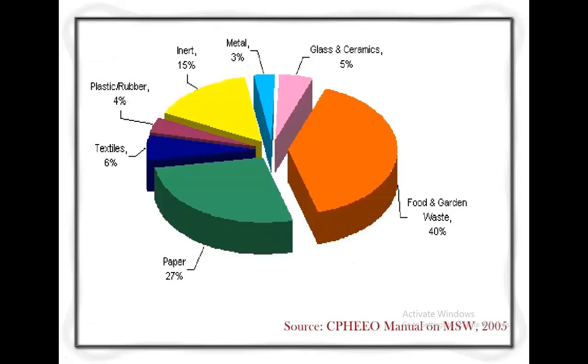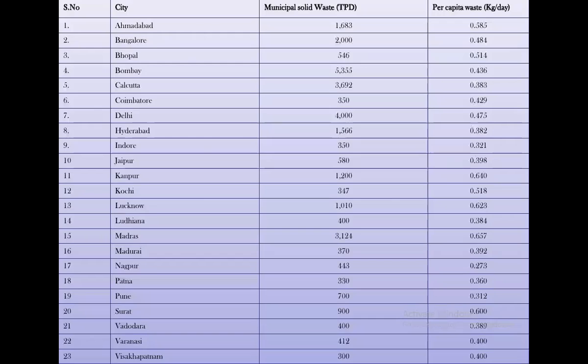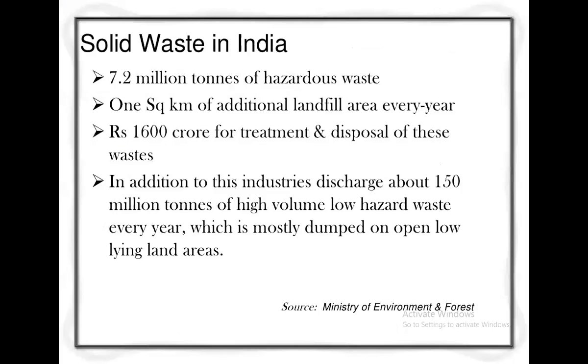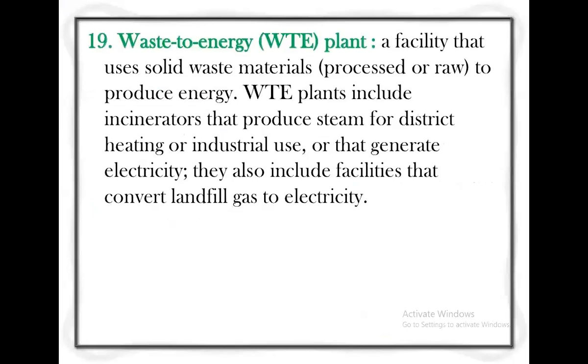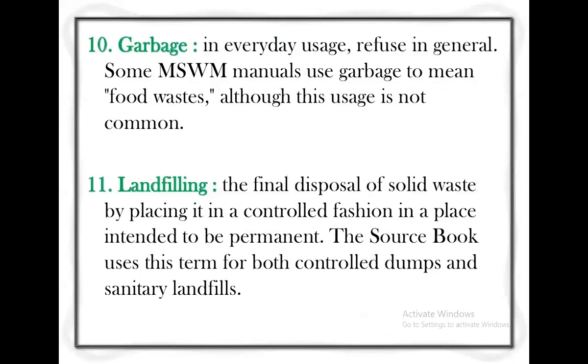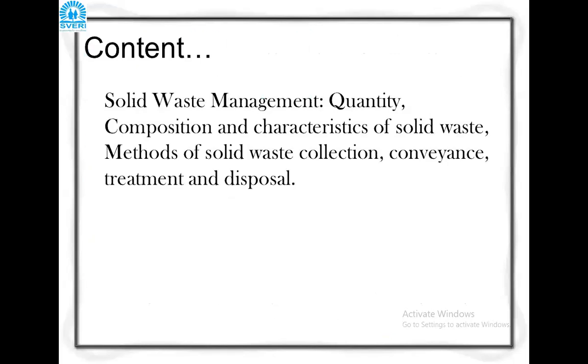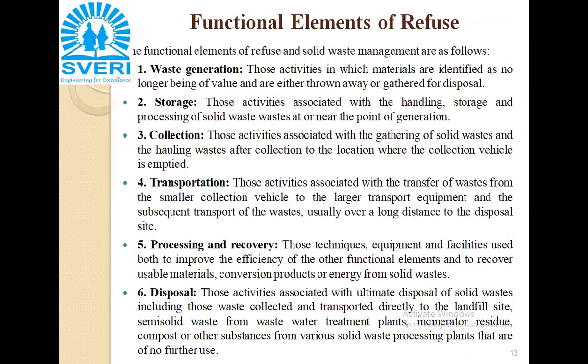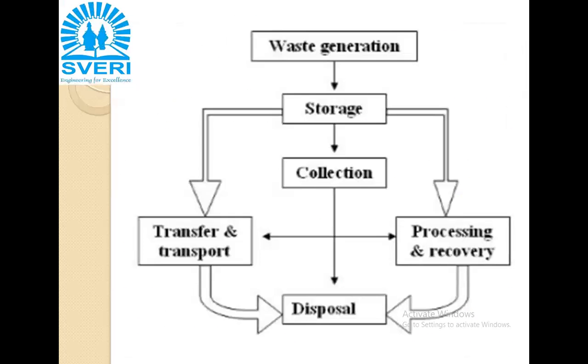There we saw the stages. Stages of the solid waste management series, which include waste generation, how it is generated, storage, where it is stored, collection, transfer and transport, processing and recovery, and finally disposal.